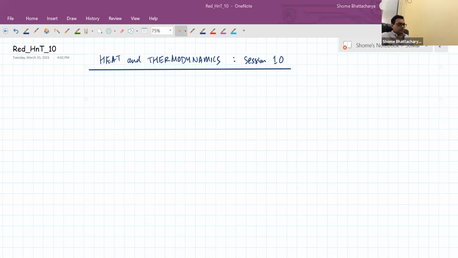Let's start with the discussion of heat transfer today then. As all of you are aware, there are three primary modes of heat transfer: conduction, convection, and radiation.